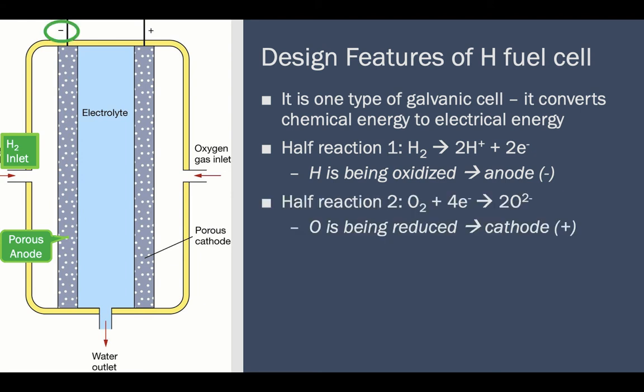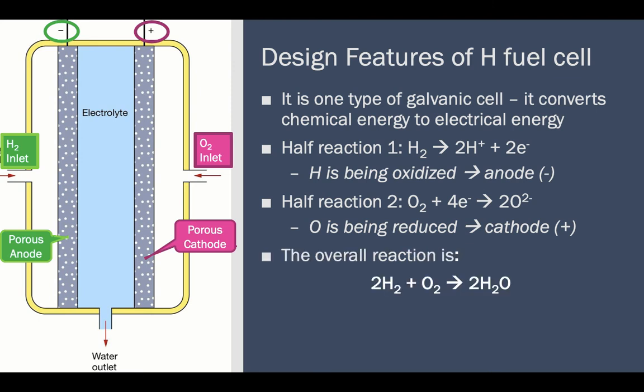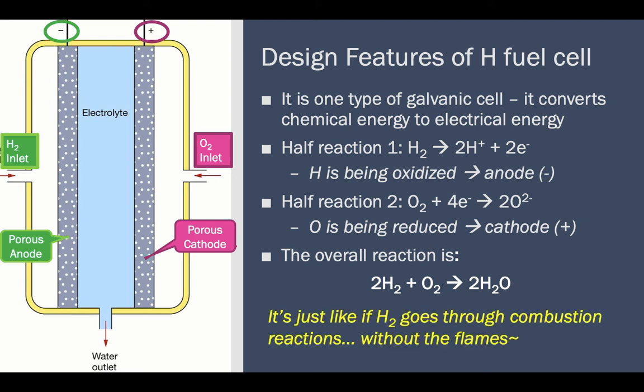The other half is where oxygen is reduced, gaining electrons, and therefore that's the cathode. The overall reaction is hydrogen reacting with oxygen to produce water. It's just like hydrogen gas going through a combustion reaction, without the flames in this case.